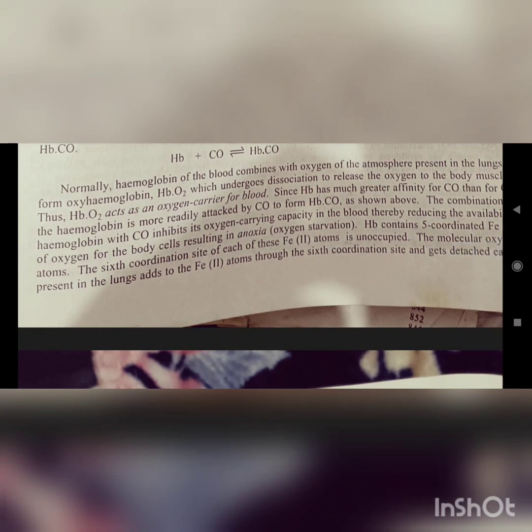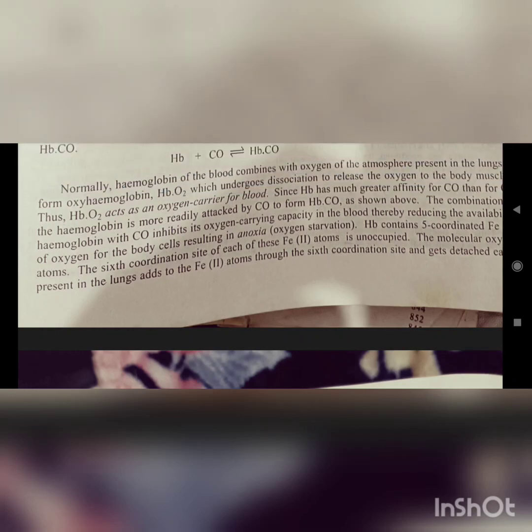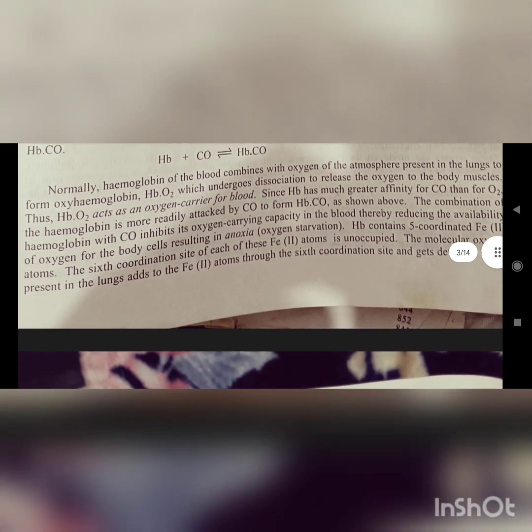The molecular oxygen present in the lungs adds to the iron 2+ atoms through the 6th coordination site and gets detached easily at the cells of the muscles.